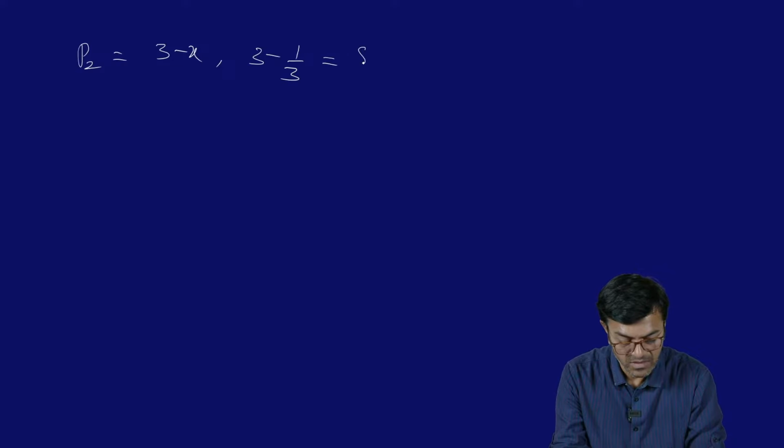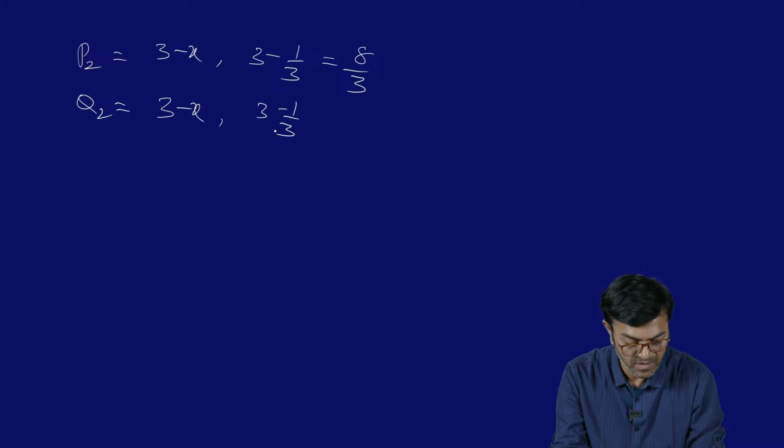When x is 1 by 3, the number of moles of P2 will be 3 minus x, that means 3 minus 1 by 3, that is 8 by 3. Q2 is also the same, 3 minus x, so 8 by 3.